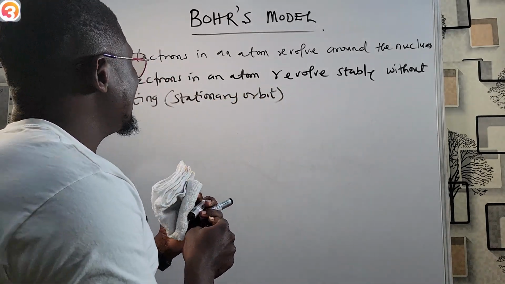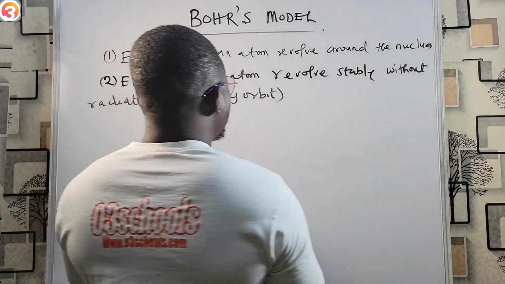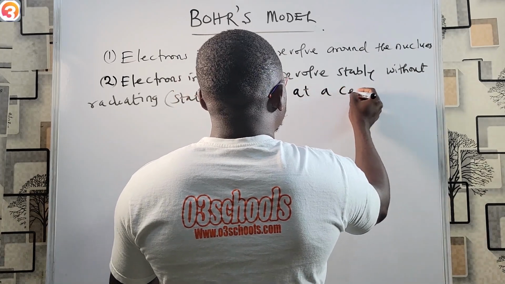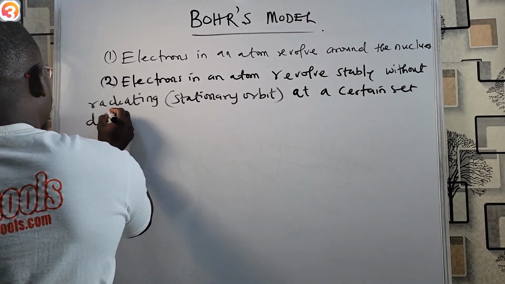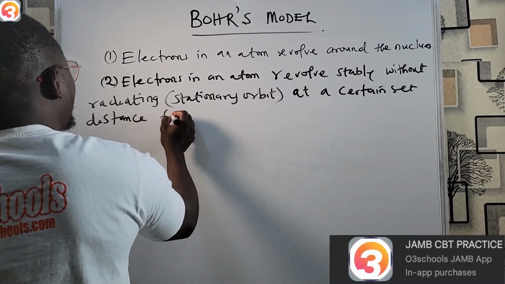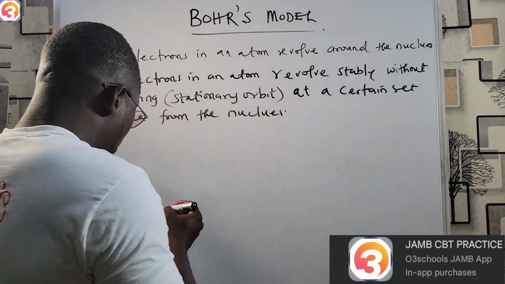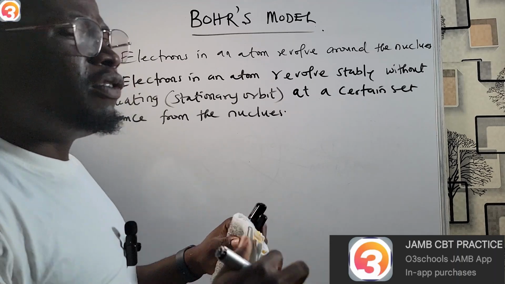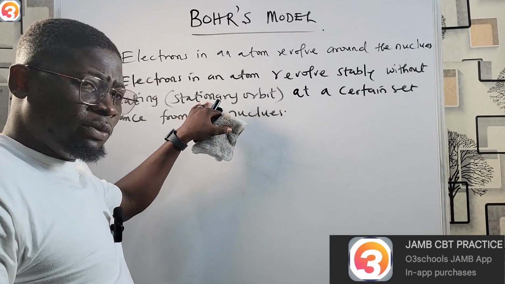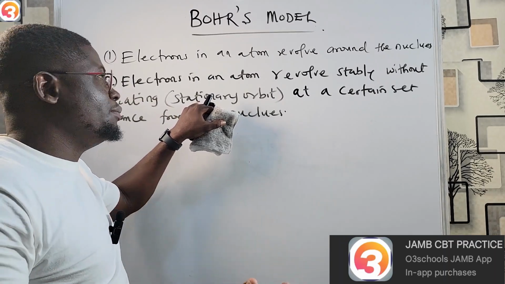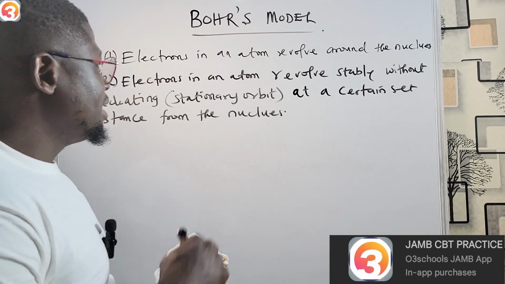So electrons in an atom revolve stably without radiating at a certain set distance from the nucleus. They do not radiate. Niels Bohr called it a stationary orbit at a certain set distance from the nucleus.